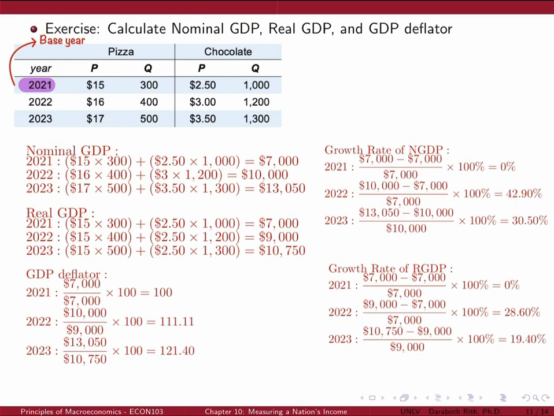For year 2023, nominal GDP of 2023 is $13,050. Nominal GDP of 2022 is $10,000. The growth rate of nominal GDP of 2023, so you take $13,050 minus $10,000 divided by $10,000 times 100%, that equals 30.50%.